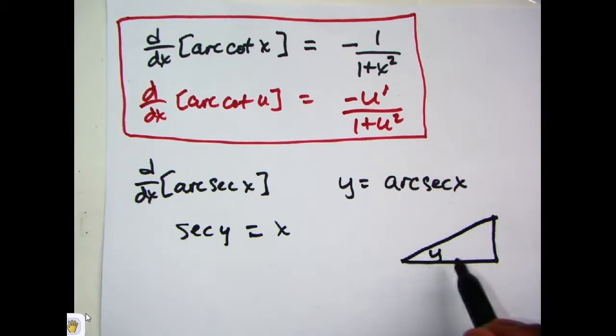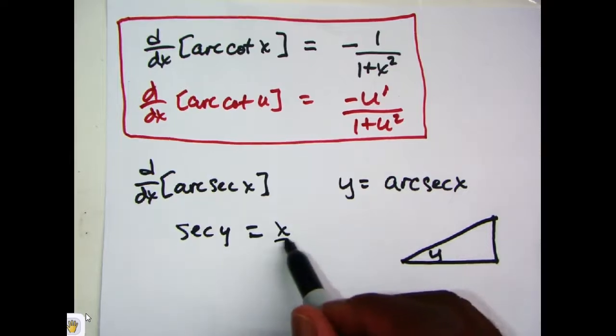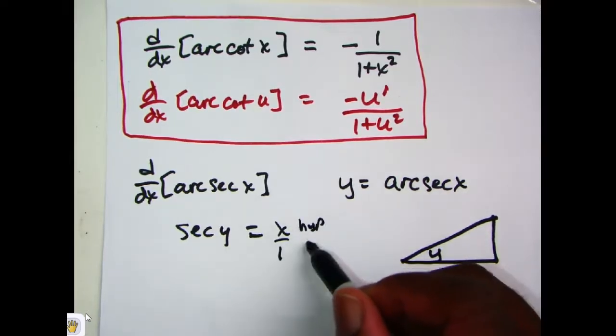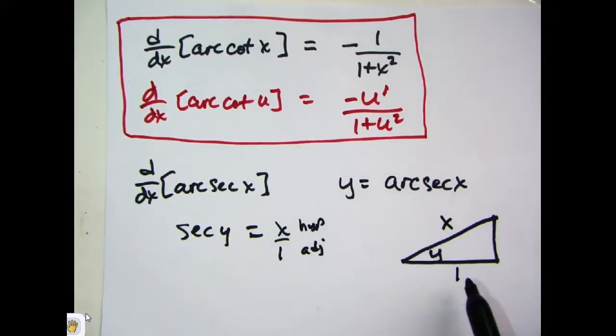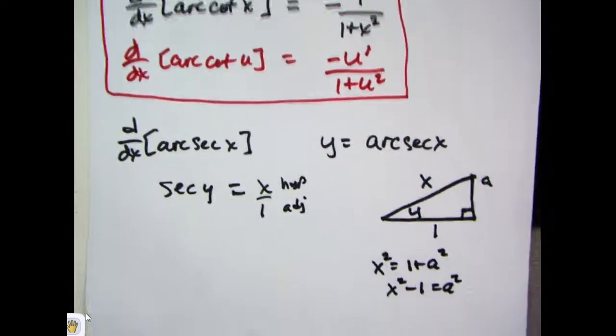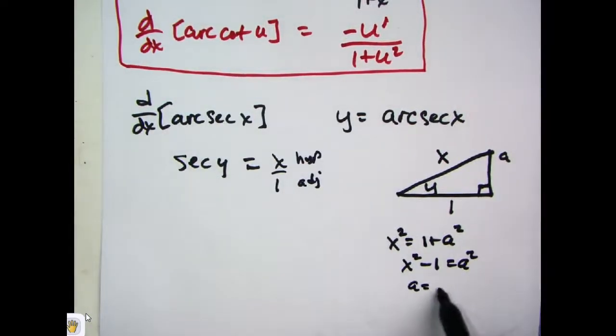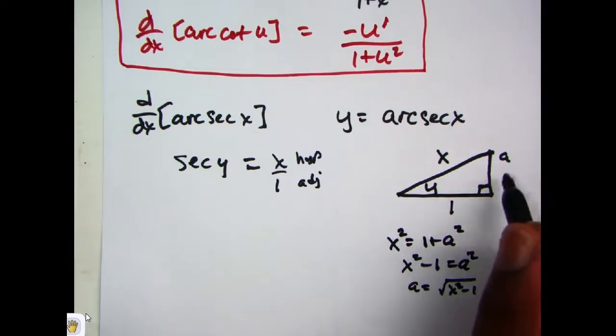So here's angle y. So cosine is adjacent over hypotenuse. So secant is hypotenuse over adjacent. So that means our hypotenuse is x, and our adjacent side is 1. So if we call this a, using the Pythagorean theorem, x squared is equal to 1 plus a squared. So x squared minus 1 is equal to a squared. And a is the square root of x squared minus 1.